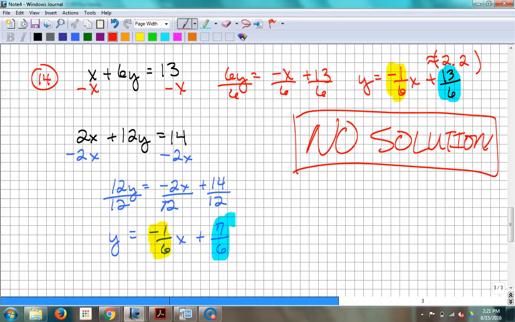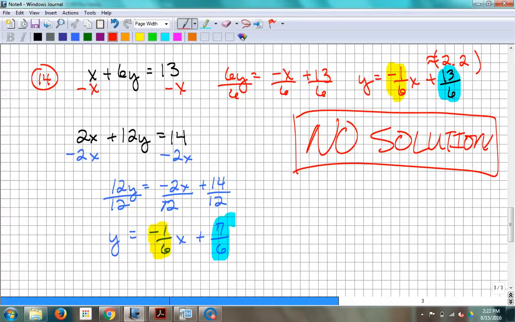Number 18, same answer. 1. Number 19. 19, no solution, so that would be called inconsistent. Good job. All right, so these are the easy ones. These are the ones you're going to feast on to get these right. Number 20. One solution, consistent and independent.